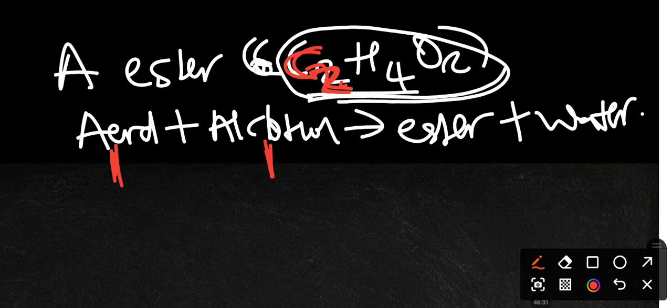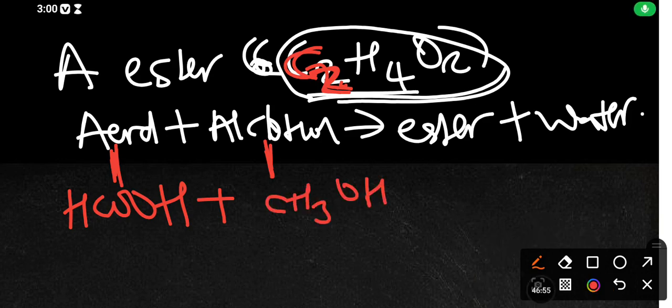The carboxylic acid with one carbon atom is called methanoic acid. We would have it reacting with the alcohol with one carbon atom, which is called methanol, like this. So this would form an ester.